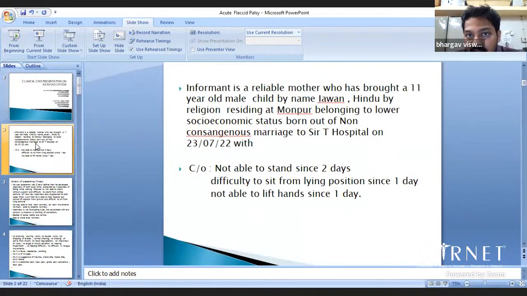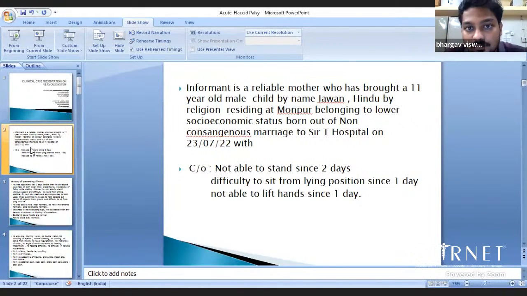Introduction part of my case is the boy from Monpur near Amreli, belonging to lower socioeconomic status, born out of non-consanguineous marriage on the 23rd July, with a complaint of not able to stand since 2 days and difficult to sit from lying position since 1 day and not able to lift hand since 1 day.